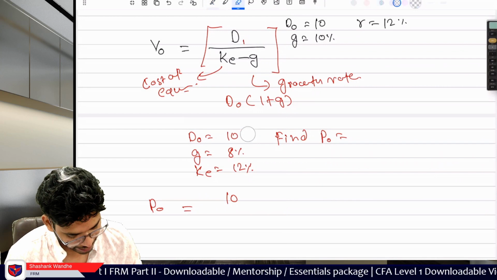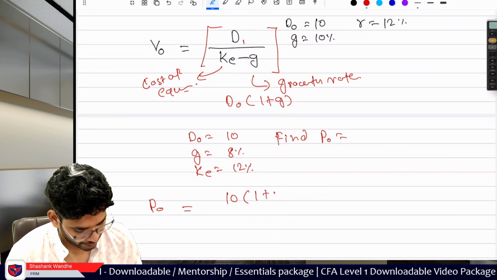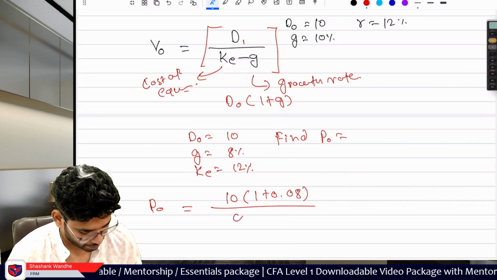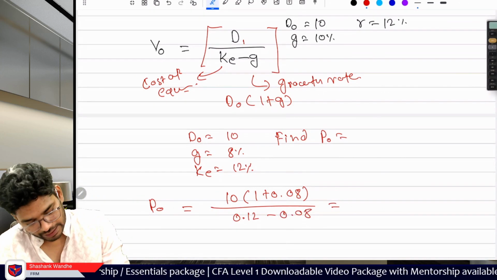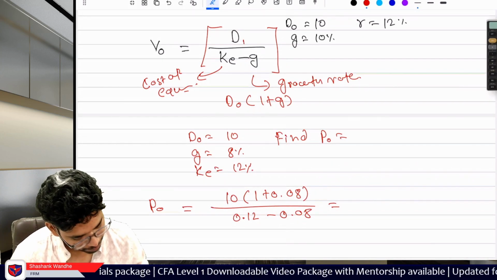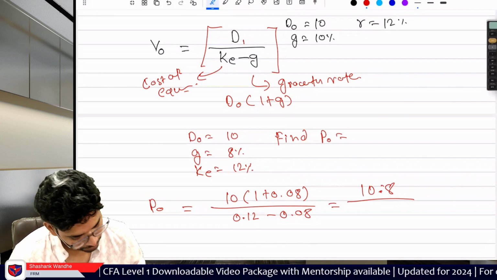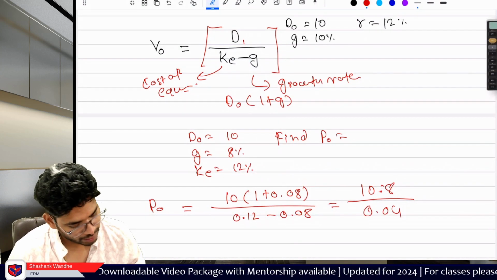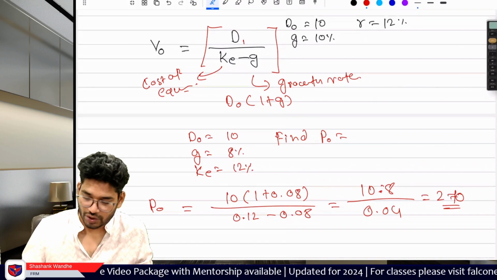By mistake, I wrote it as 10%; it should be 10 only. 1 plus growth, 0.08, divided by KE minus G. Simply solve this and you will get the answer. 1.08 multiplied by 10 is equal to 10.8, divided by KE minus G, 0.04. Divided by 0.04, the answer is 270. That's it.